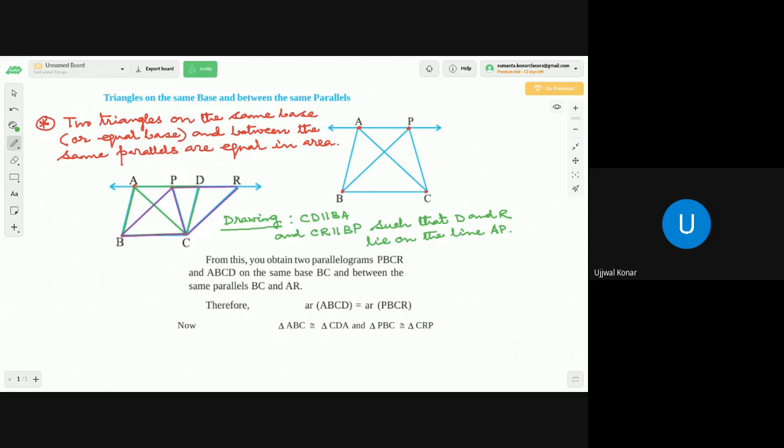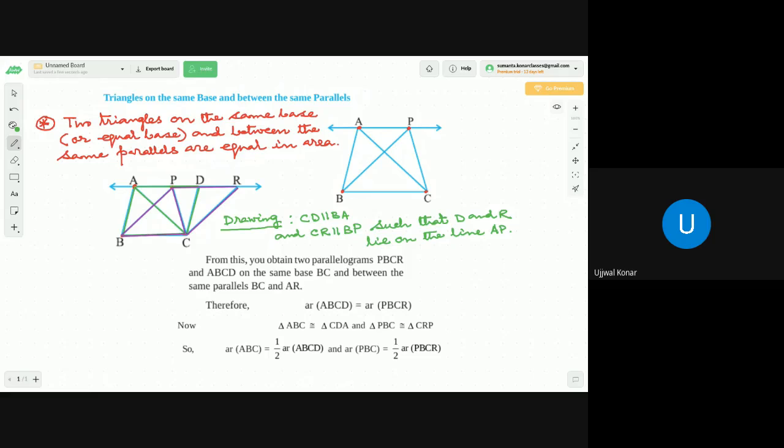Keeping this in mind, we can say that the area of the triangle ABC is equal to half of the area of the parallelogram ABCD, and the area of the triangle PBC is equal to half of the area of the parallelogram PBCR. I repeat once more.